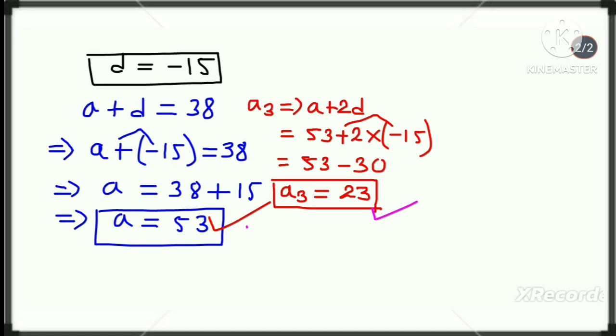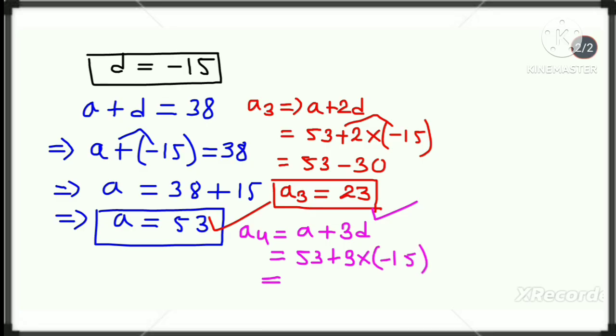Okay, now let's find A4. A4 can be written as A plus 3D. A equal to 53 plus 3 into D equal to minus 15.